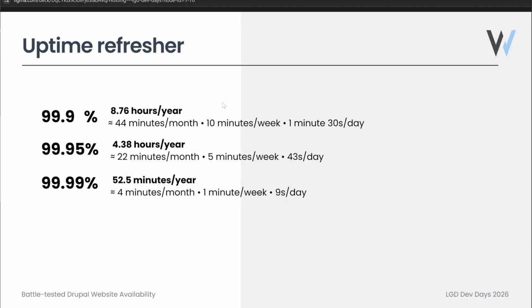You don't need to do anything too special to get that sort of level, I believe. Or say 99.95, that's half of the time. So if you're looking at monthly, that's about 20 minutes per month.